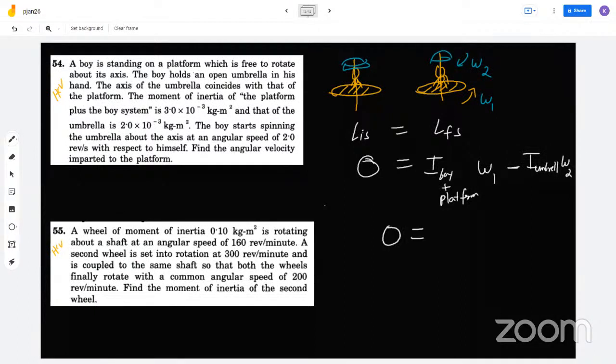Okay, now what is the I of boy plus platform? 3 into 10 to the power minus 3, and omega. So omega will no value. The boy starts spinning. So relative velocity of umbrella, oh, it's relative velocity दिया हुआ है. दोनों opposite में है. तो relative velocity मतलब दोनों का sum 2 हो जाएगा, right?